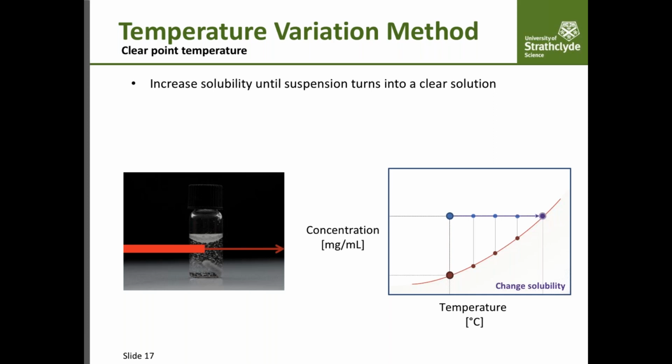At some point you will see that the crystals disappear, and then your concentration would be exactly equal to your solubility. So the temperature at which that happens is the clear point temperature, and that is equal to the saturation temperature of the solution.